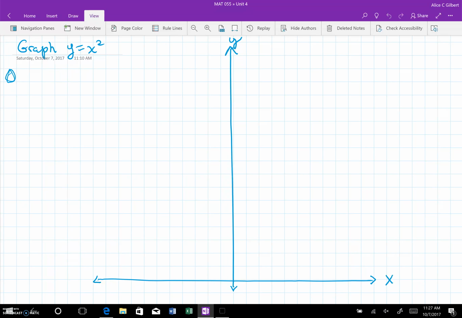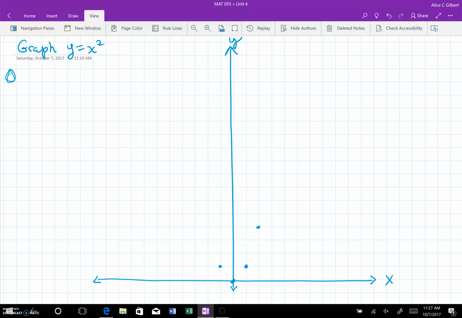All right. So now let's start this. We had 0, 0. When x is 1, y is 1. When x is negative 1, y is 1. When x is 2, y is 4, 1, 2, 3, 4.